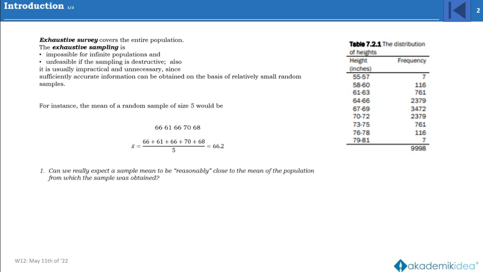Can we really expect a sample mean to be reasonably close to the mean of the population from which the sample was obtained? How sure are we that our sample mean will not differ from mu by more than 1 inch, 2 inches, or say 3.1 inches?